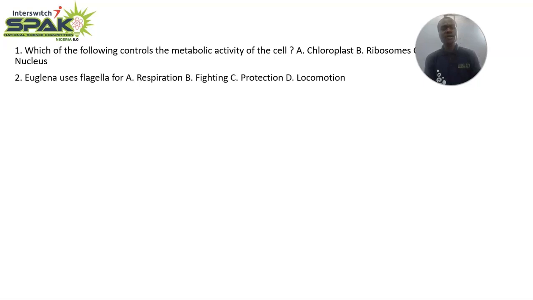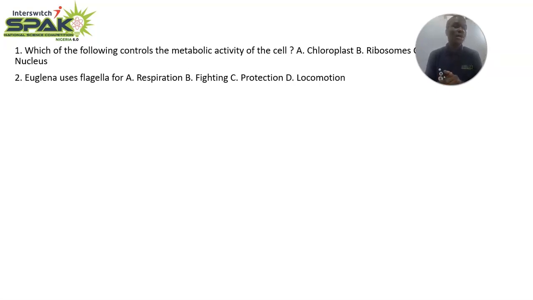The next question says, euglena uses flagella for dash: A, respiration; B, fighting; C, protection; D, locomotion. Of course, flagella is a locomotory organelle. So the use of flagella by euglena is to move from one place to another.